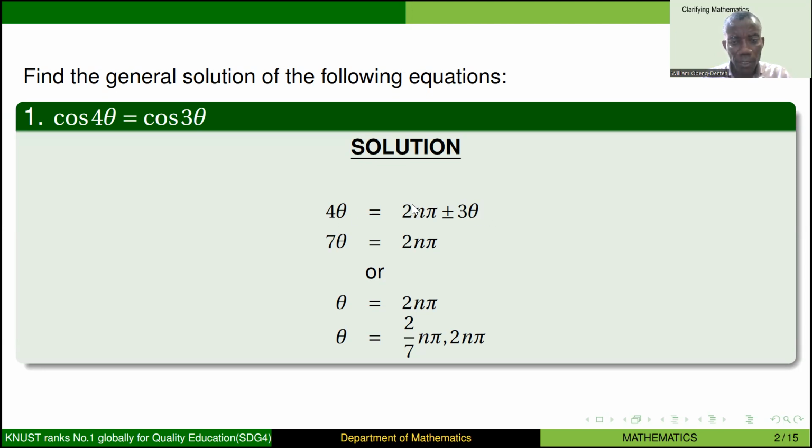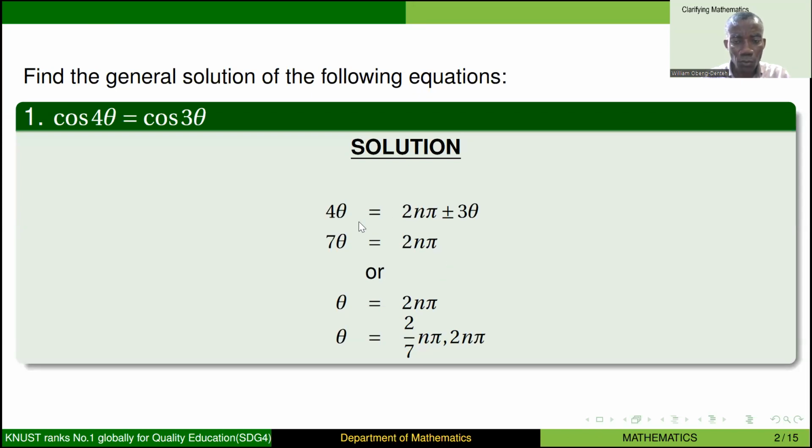So we add 3 theta to both sides. 3 theta plus the minus 3 theta will give us 0, or cleared, and then this plus 3 theta gives us 7 theta. So we get the whole of this expression. Now if we divide through by 7, then we shall get this first part, 2 on 7 n pi.